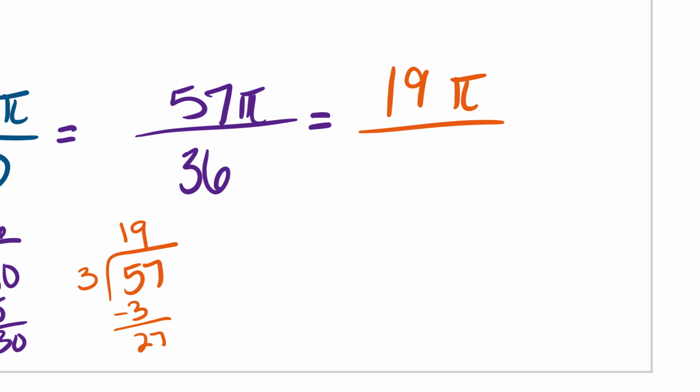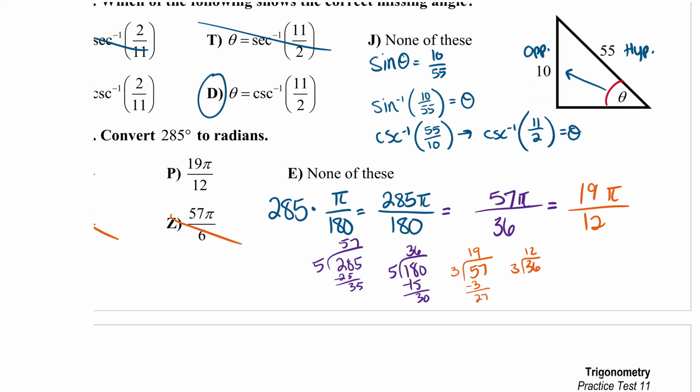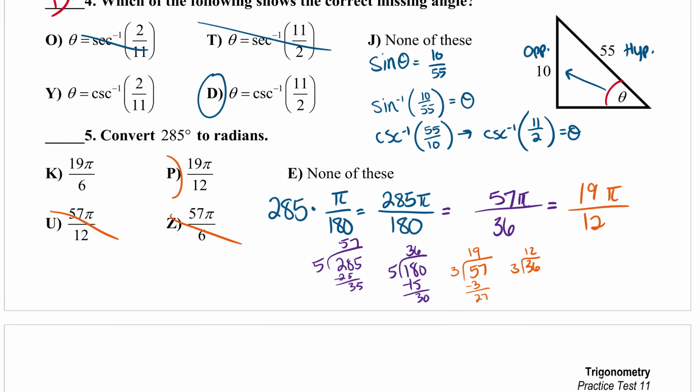Okay, and then 36 divided by 3, oh, we already know that's 12, hopefully. So 19 over 12. So the answer would be P for that one.